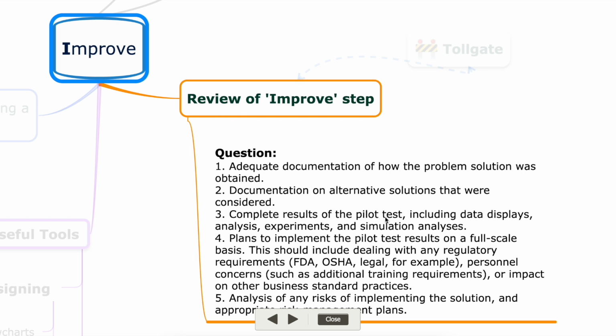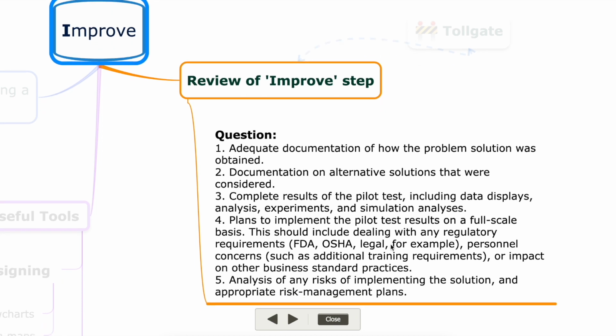Also, the complete results of pilot tests, including data display analysis, experiments, and simulation analysis. It means we check whether all of this data related to the tests and experiments is there or not, and plans to complete the pilot test results on a full scale basis.